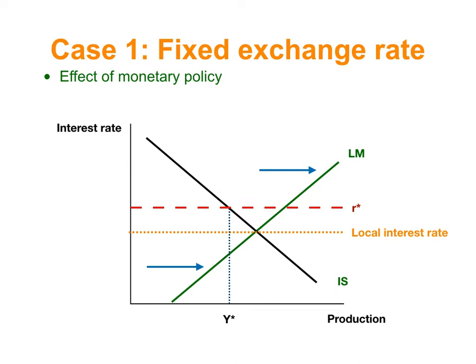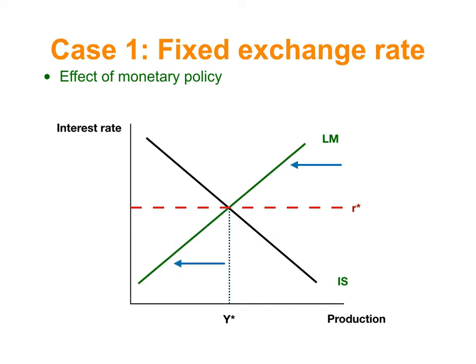The result is that the amount of local currency in the economy is going to go down, and that is going to affect the LM. The LM is going to go back to the original position, and that means that monetary policy is not going to have any effect on production and interest rates. So that's the first case: monetary policy has no effect under fixed exchange rate.